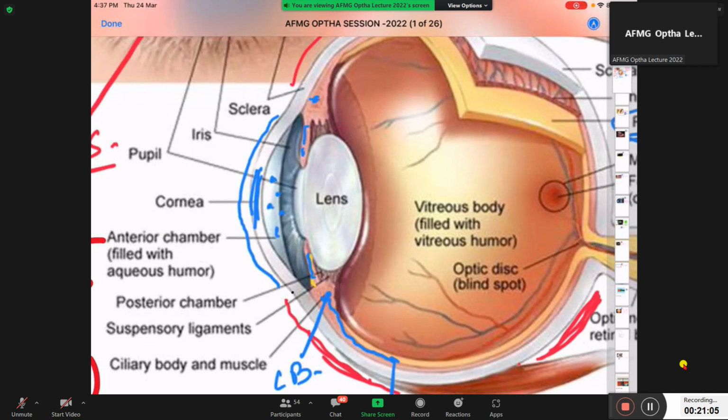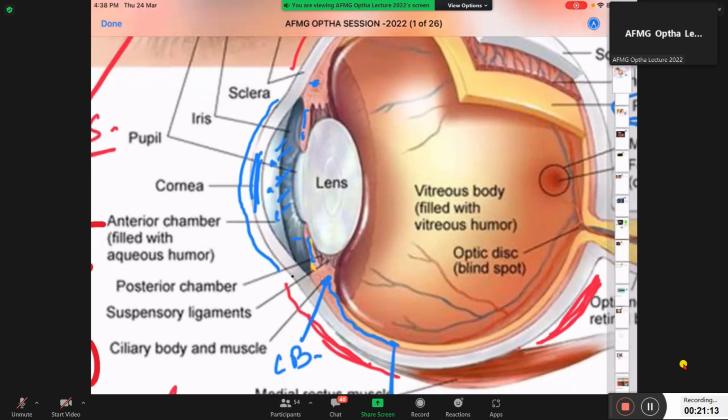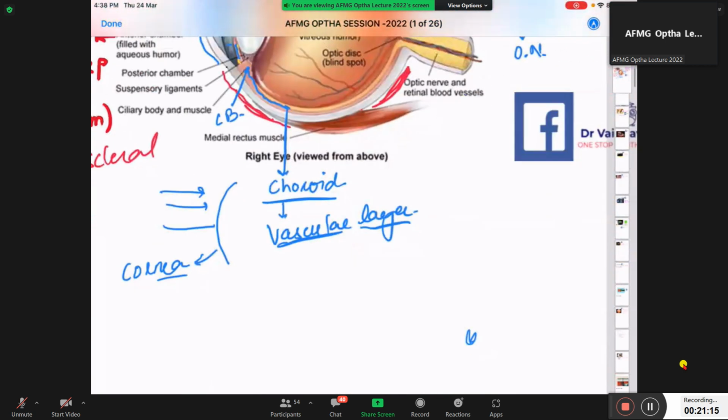Behind the cornea and in front of your iris, there is a potential space which is called the anterior chamber, right? Now if I draw the diagram, this is your cornea. This is your iris, and this is your normal biconvex lens.